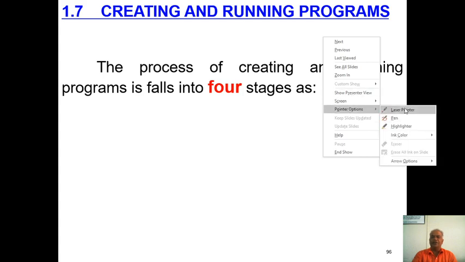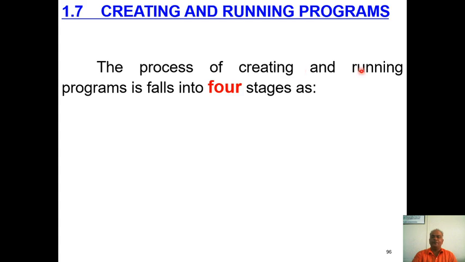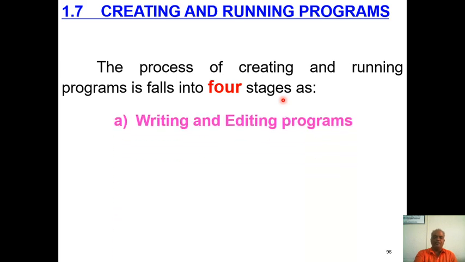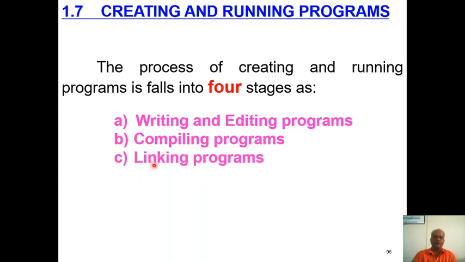The process of creating and executing programs falls into four categories. The first one is writing and editing programs. The second one is compiling programs. The third one is linking programs.